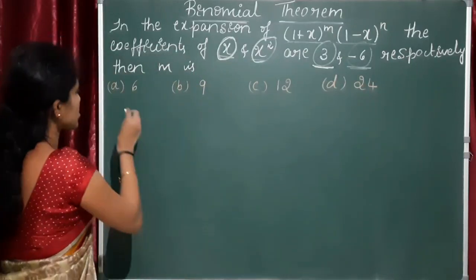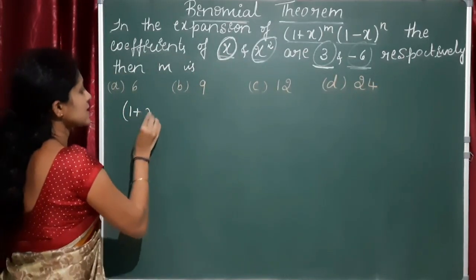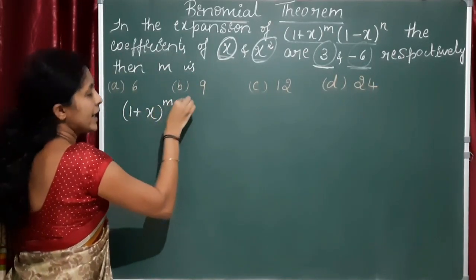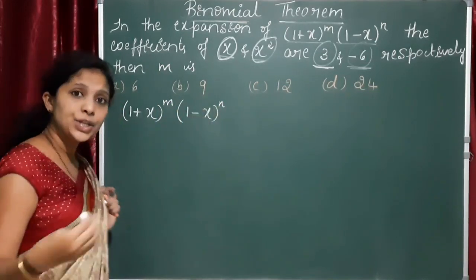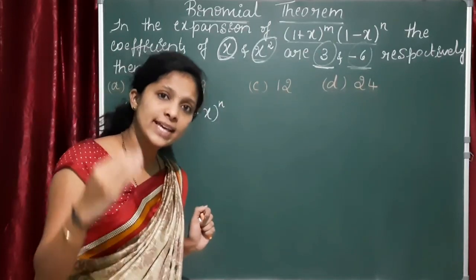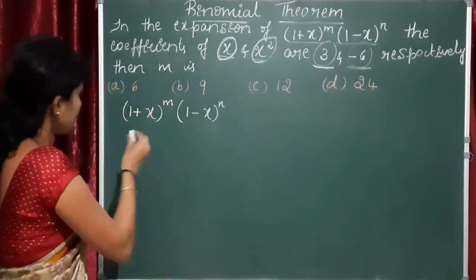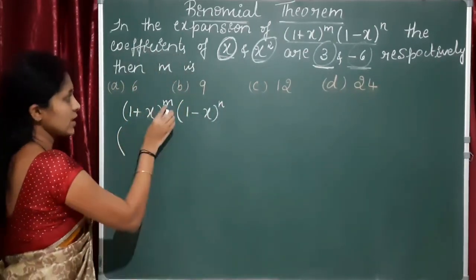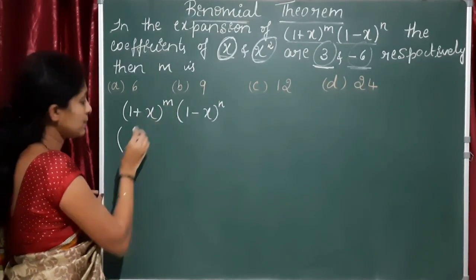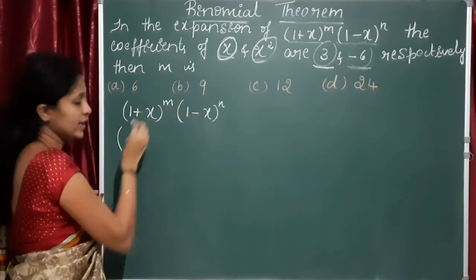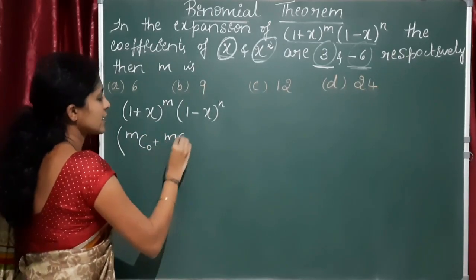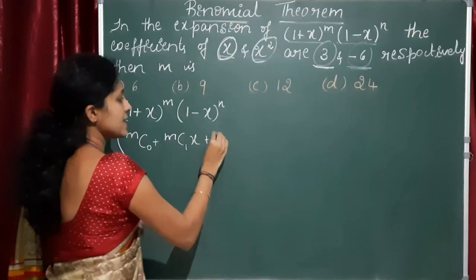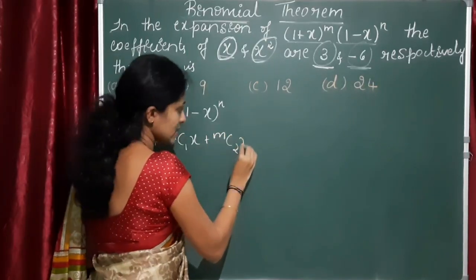First we'll write the expansion. See there, 1 plus x whole to the power m into 1 minus x whole to the power n. I need to find the coefficients of x as well as x square. Now we'll write the expansion. We know the expansion. Here in the place of n we have m. So we can write mc0 plus mc1 x plus mc2 x square.